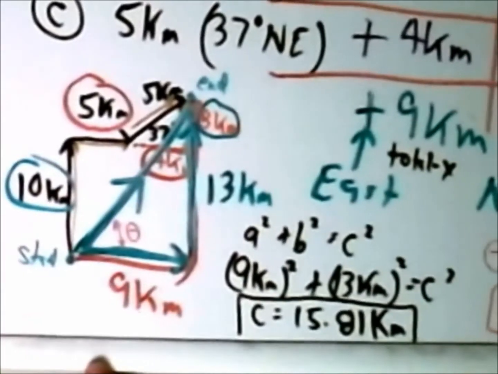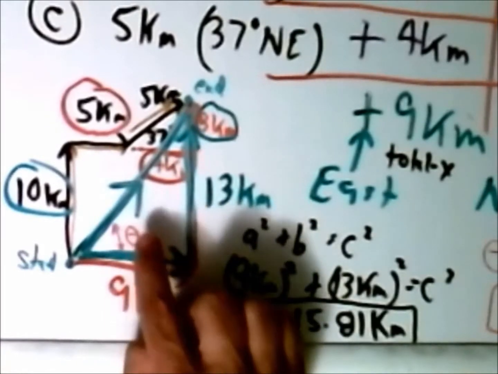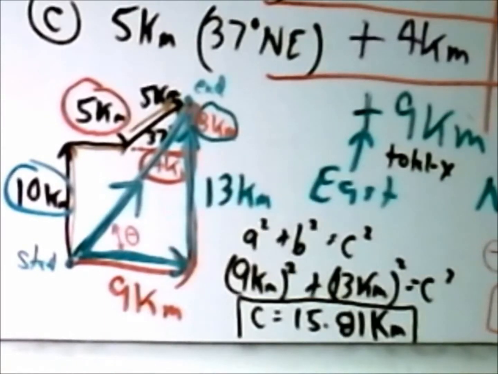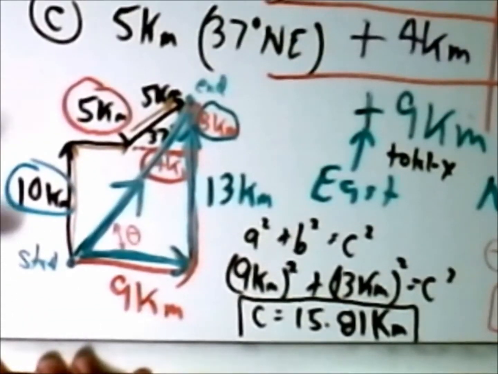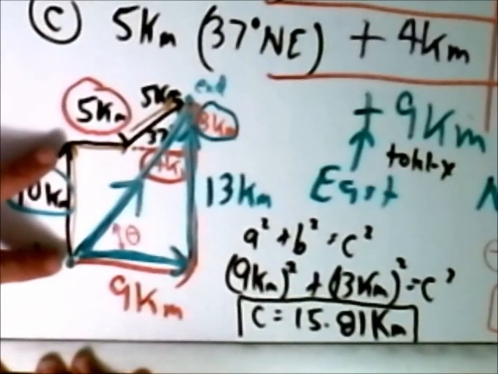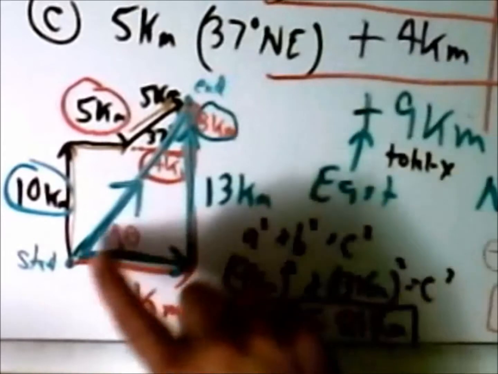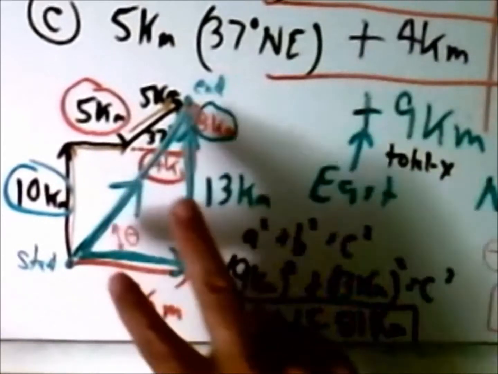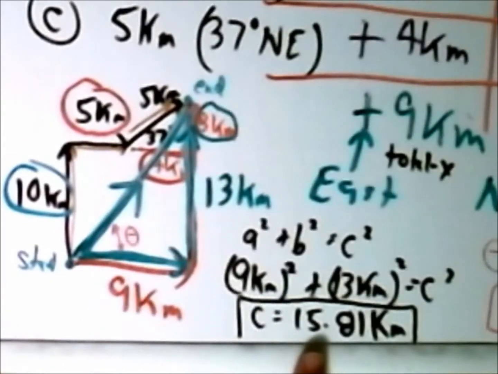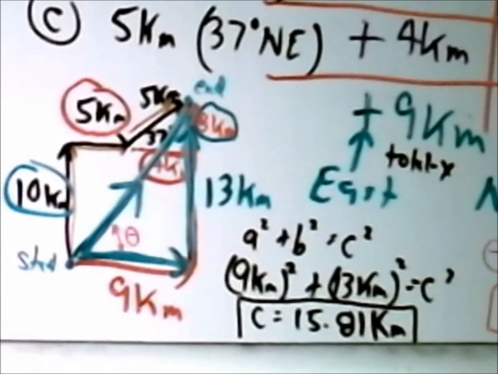I'm not putting a protractor up to it, but just by graphically drawing this somewhat to scale, that angle should be approximately 55 degrees. If I set the scale at the beginning, if this length of this line right here was 10 kilometers, then as you can see, this one here is much bigger. Okay, it's not quite double, but the answer was 15.8, and this actually does look like it represents 15.8.